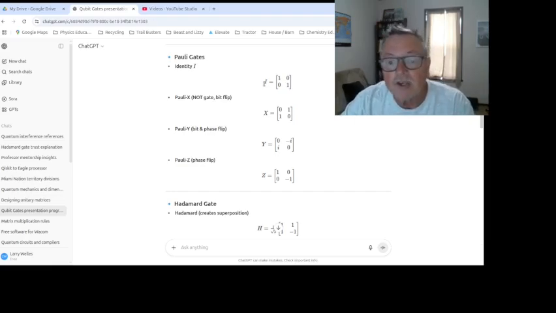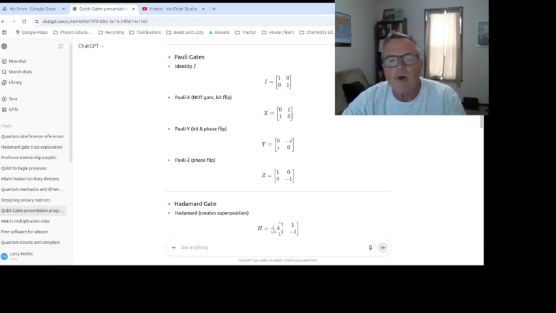I for identity. X is the NOT gate, or the bit flip. So if we put a 1, 0 here, the 1, 0 would give us a 0 in the top spot, and 1, 0 times the vector 1, 0 gives us a 1 down here in the bottom spot.